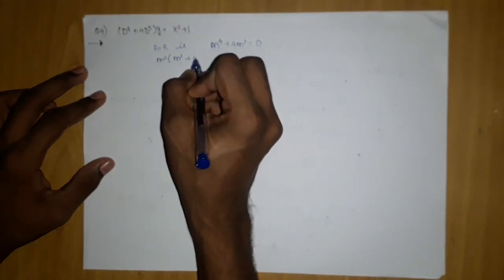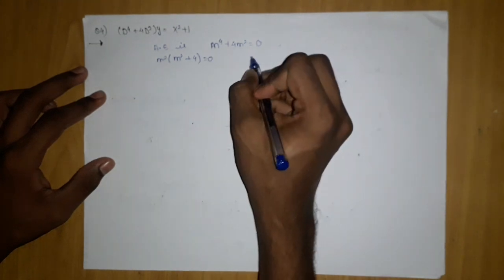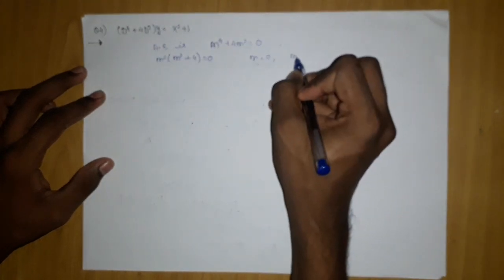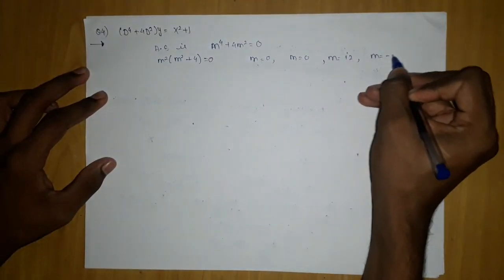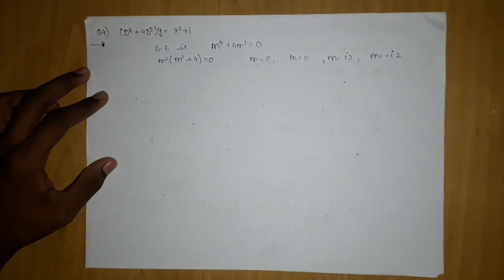Here m square plus 4 will be left, giving you m equals 0, m equals 0, m equals 2i, m equals minus 2i. So we are getting these roots.